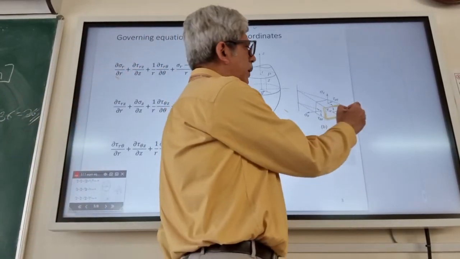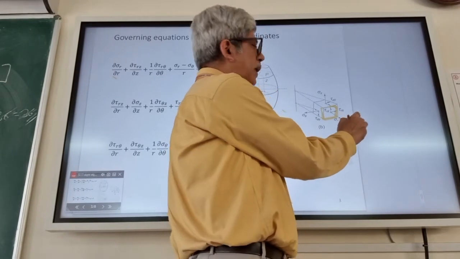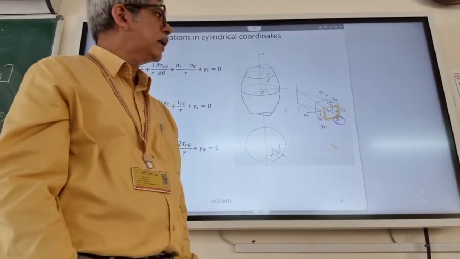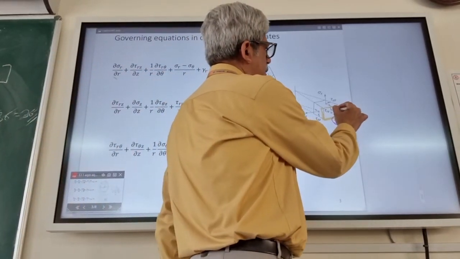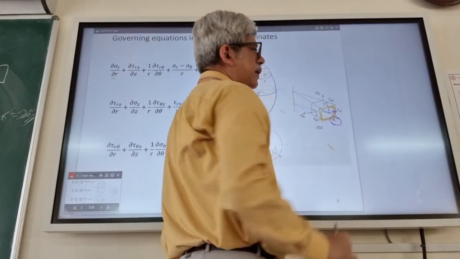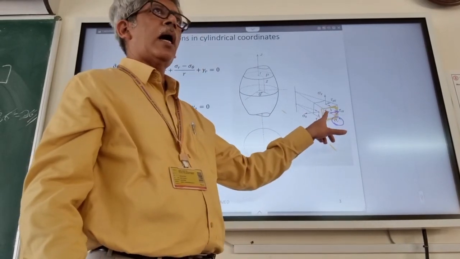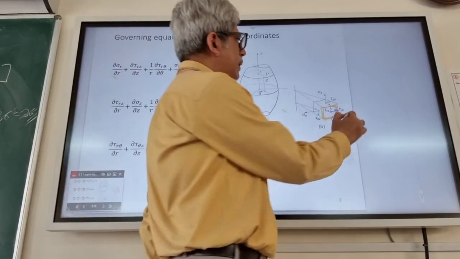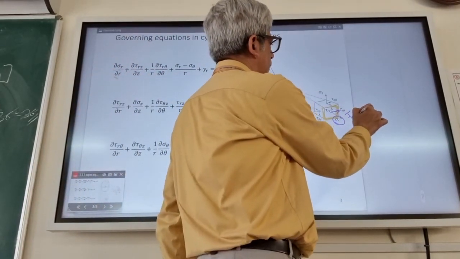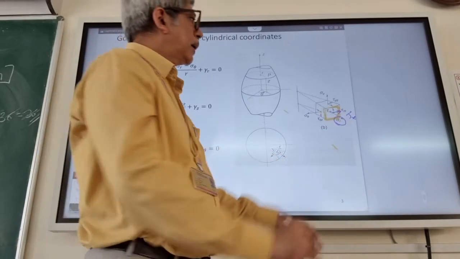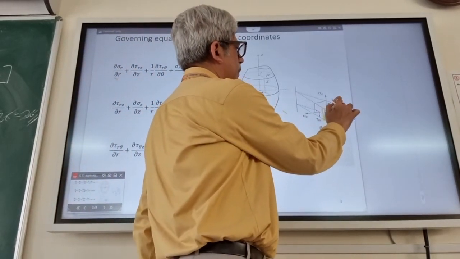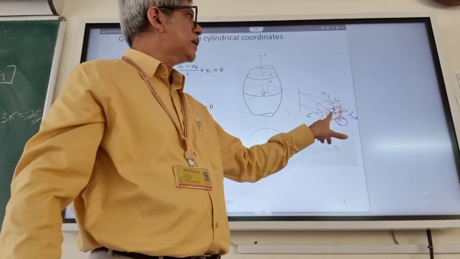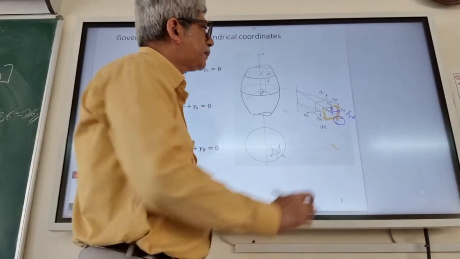As a result, the normal stress on this plane is equal to sigma R. The stress in this direction, acting on the R plane, is acting in the circumferential or theta direction. So this is tau R theta. And the other shear stress is the stress on the R plane acting in the Z direction. So this is tau R Z.